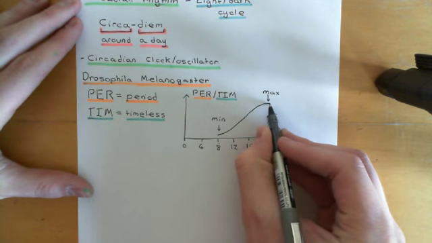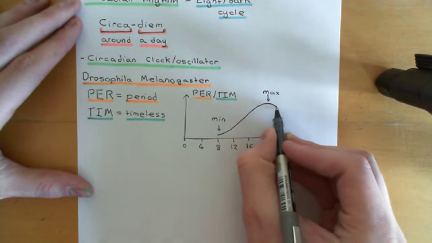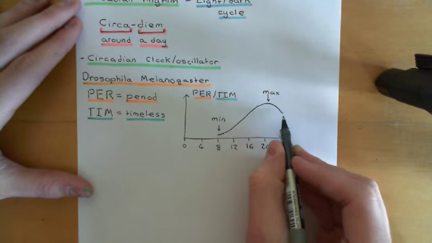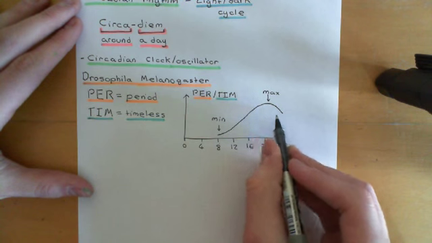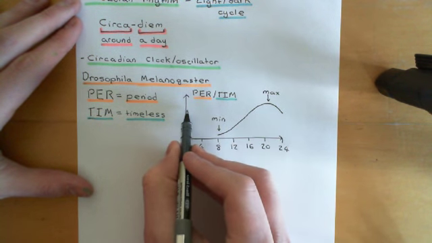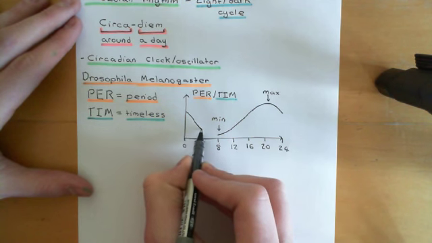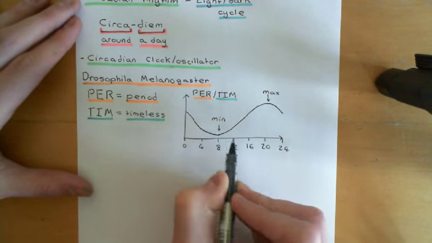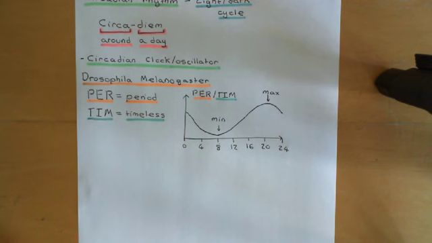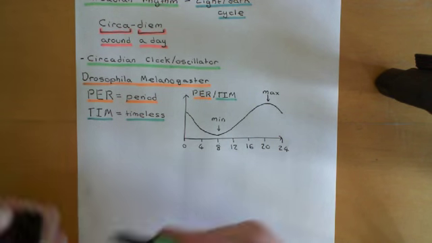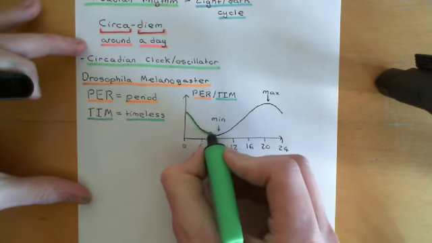Then it's going to start to fall, and it will be falling throughout the night. Here we've gone down to midnight now, and the period and timeless levels are going down. Now we'll continue the graph on this side here, and it will fall down and down to get to that minimum at 8 o'clock in the morning. Let me just colour this graph in to make it look smoother.